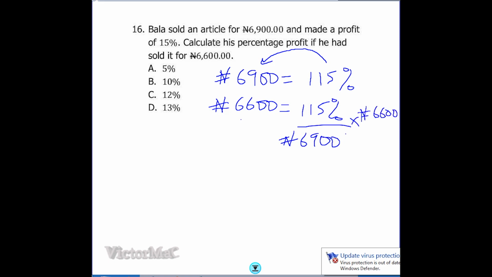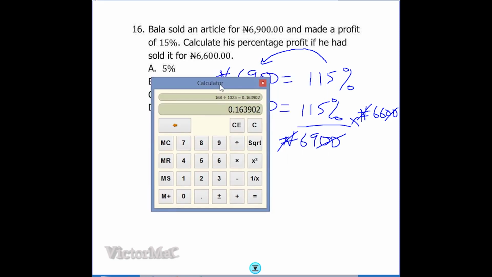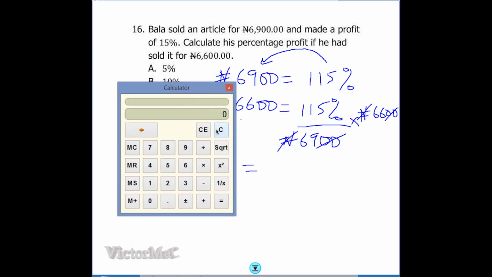2 zeros cancel 2 zeros, naira cancels the naira. So when we multiply 115 by 66, we're going to have 7590 divided by 69.